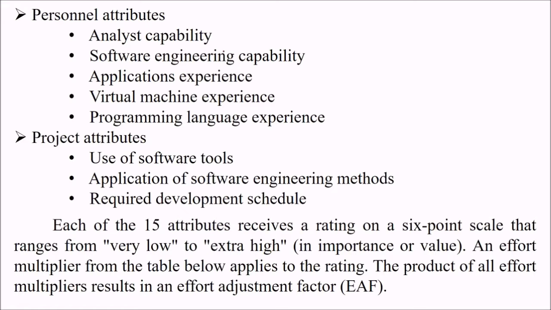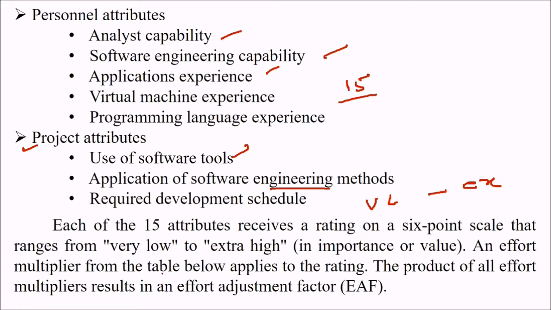The personnel attributes like analyst capability, software engineering capability, the experience of the personnel, the virtual machine experience, the programming language experience. While the project attributes include the use of software tools, the application of software engineering methods, and the required development schedule. So each of these 15 attributes receives a rating on a 6-point scale from very low to extra high in importance or value.